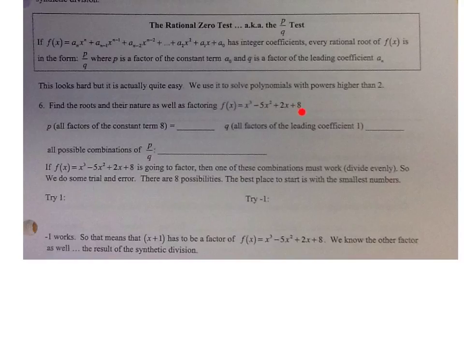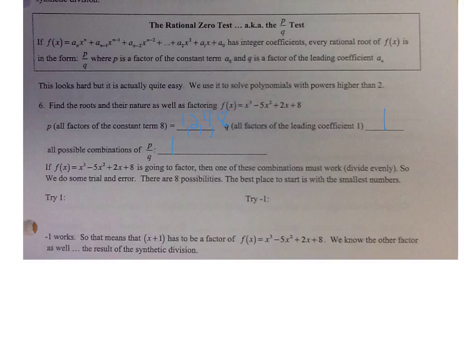I see 8 is my P number, so I'm going to write 8. Actually, I'll walk you through this handout. The handout says list all the factors of 8. Well, 8 is 1, 2, 4, and 8. And all the factors of 1, well, 1. That's easy. So now we're going to list all the combinations. I could list 1 over 1.